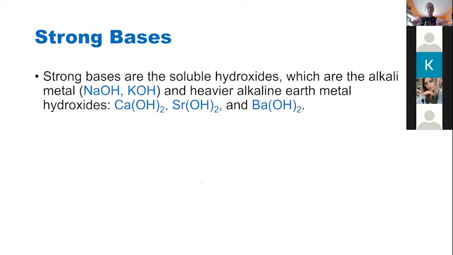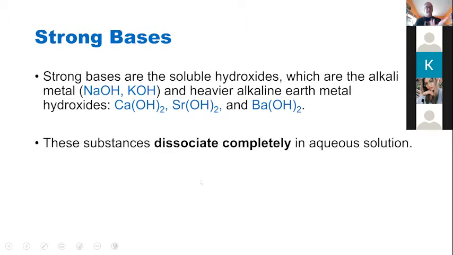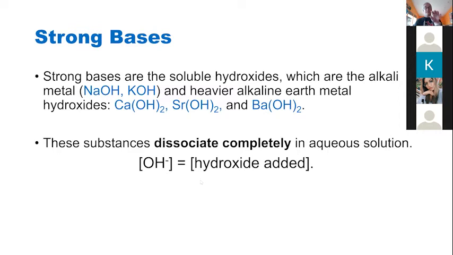When you dissolve those in water, they completely dissociate in solution. They give you OH minus, the hydroxide ion. So however much hydroxide we add, it gets completely converted to OH minus when it goes into solution.